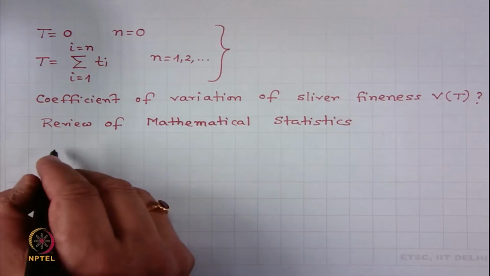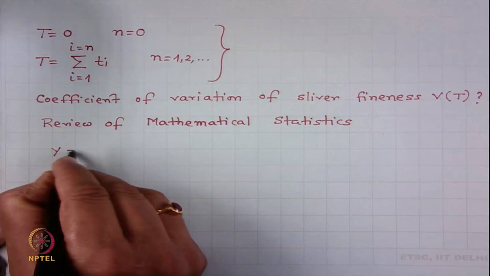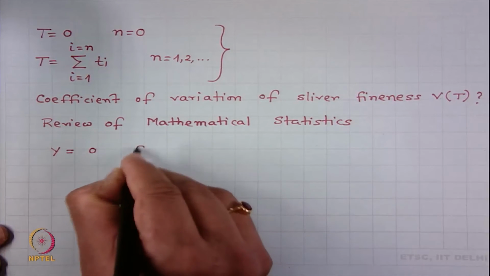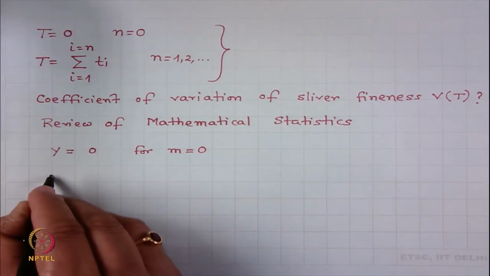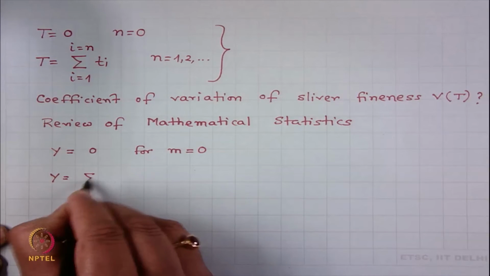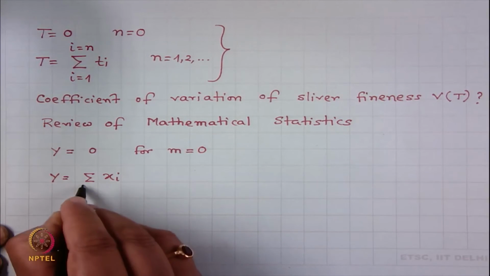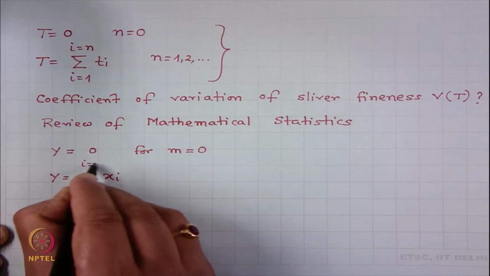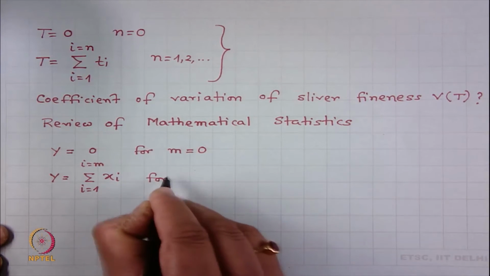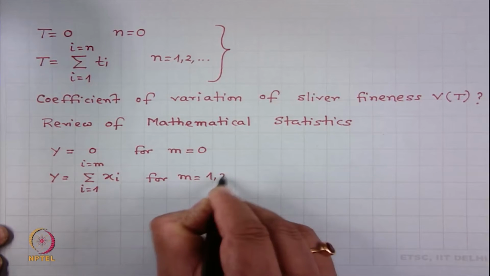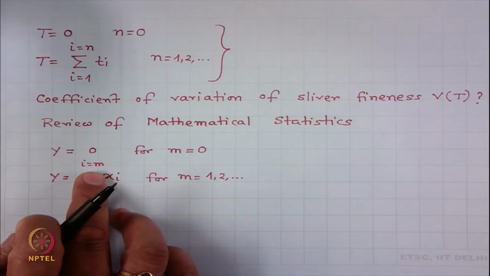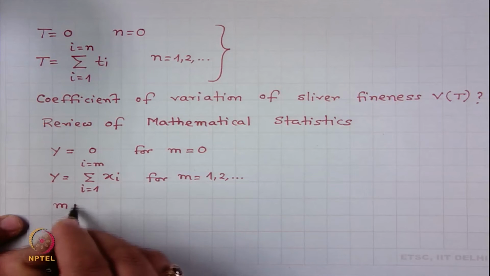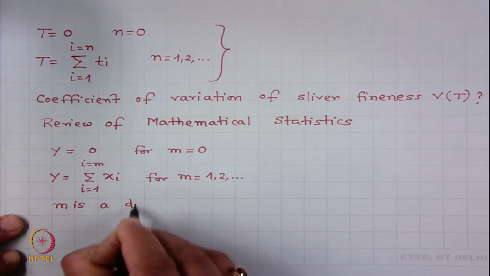Suppose y is a random variable which is equal to 0 for m equal to 0, or y is equal to the summation of x i, i equal to 1 to m, for m equal to 1, 2 and so on. Here m is a discrete random variable, a number.